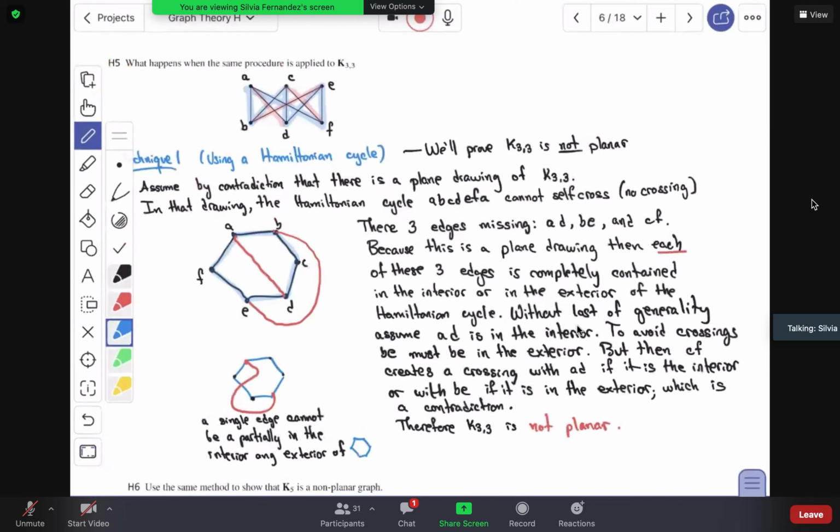Because then it creates crossings with the border, and there are no crossings. We're assuming that there are no crossings.